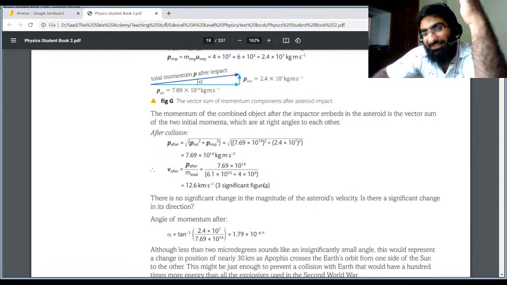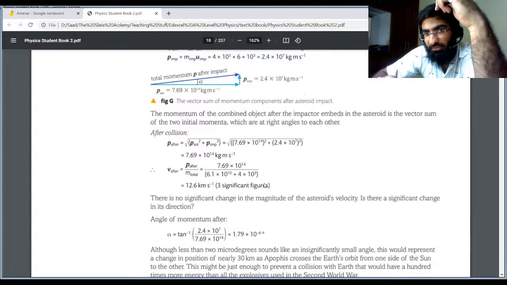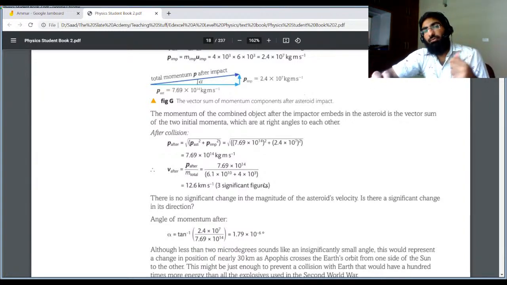But as far as this question is concerned, eventually when it makes the impact, we wanted to make impact with this particular velocity, whereby we'll have the momentum of this object, and we have the momentum of the object which is already moving. So at what particular angle we wanted to make impact with that.